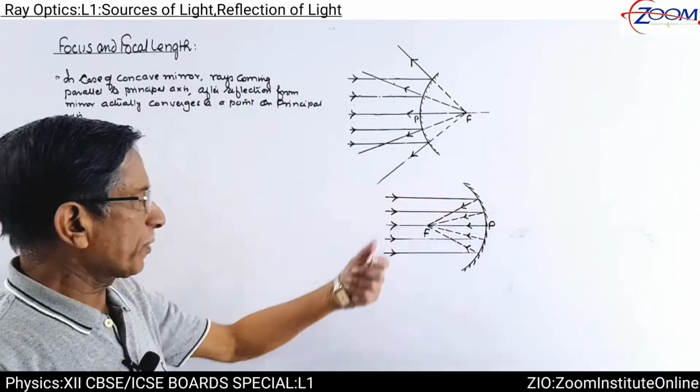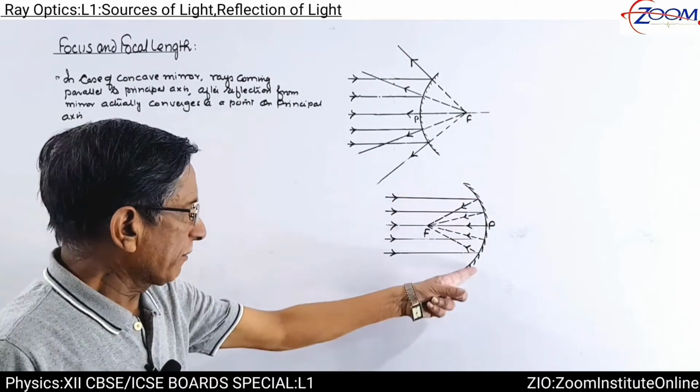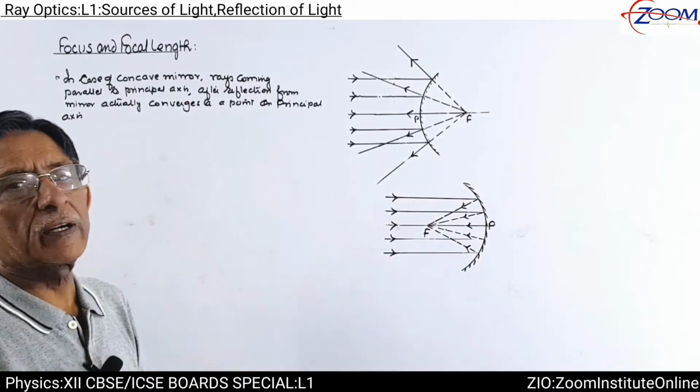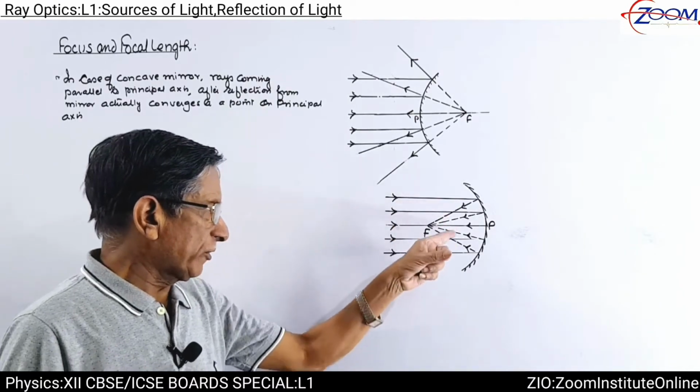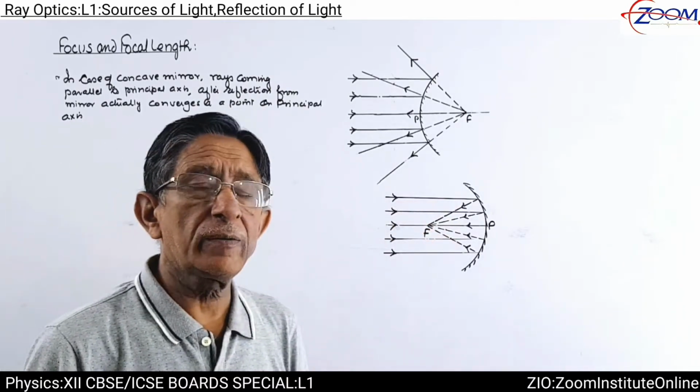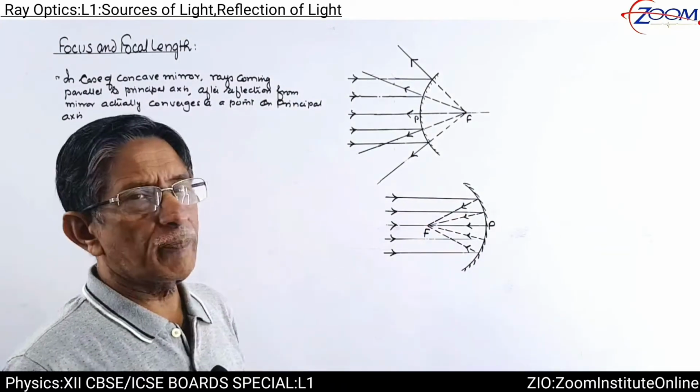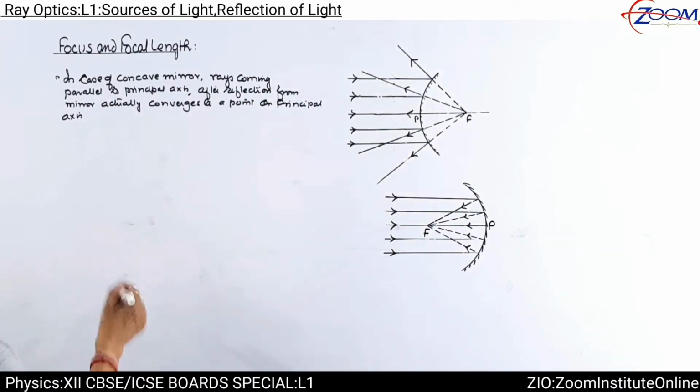Rays coming parallel to principal axis after reflection from the mirror actually converge. Converge means they meet at a point. When the distance between rays keeps decreasing, what do we say? They are going to converge. So the rays actually converge to a point on the principal axis.